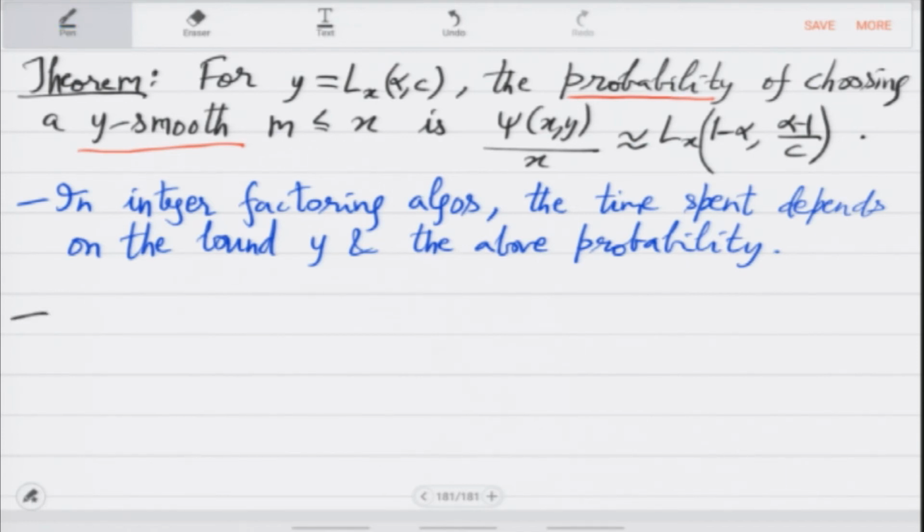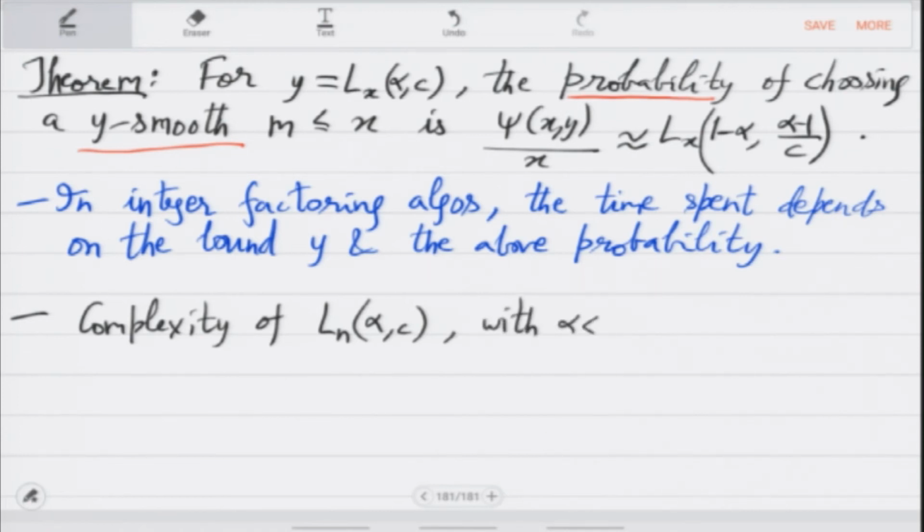Another point is time complexity of this form L_n(alpha, c), where alpha is of course less than 1.